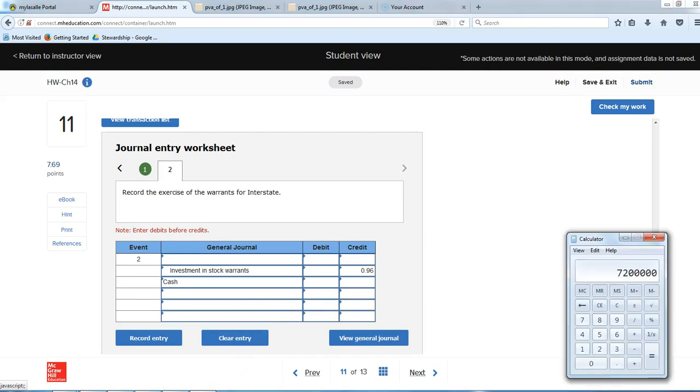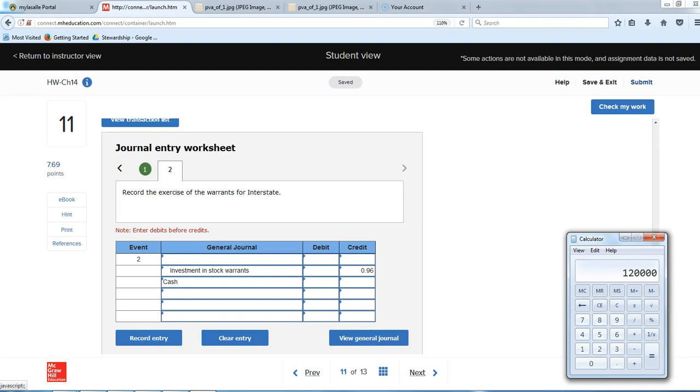Previously we have calculated that $30 million bond, each $1,000 can come with 20 warrants, but Interstate only purchased 20% of the issuance.